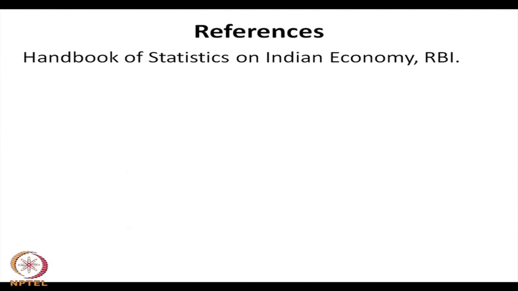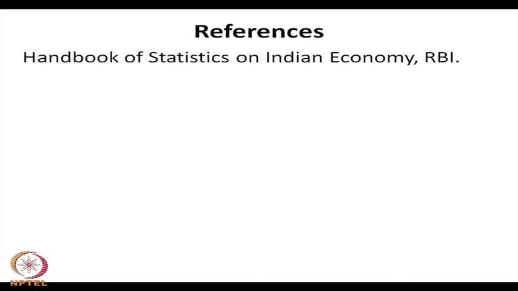Before coming to the end, if you want to understand the direction of our exports and imports, and the composition of our exports, imports and international balance sheet, you have to go to the RBI website and see the Handbook of Statistics on Indian Economy.